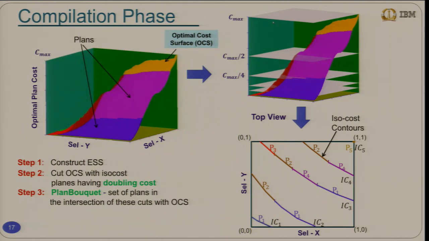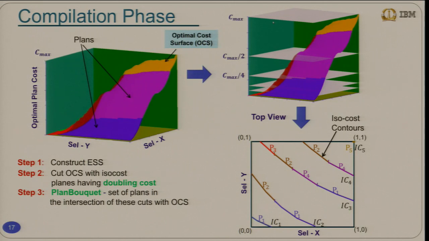And then what you do is, let us say C max is your highest cost, then at every step you take half of that particular cost, and you cut it with a plane of value C max by 2 to the i, and then whatever plans you get, this is the top view you get, and that is the set of plans we are going to work with.